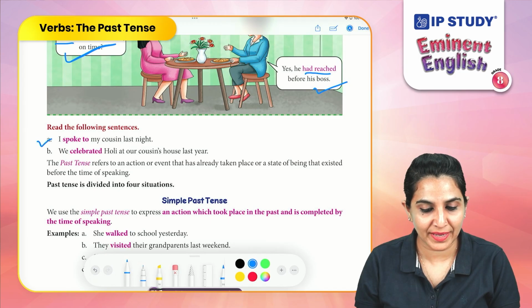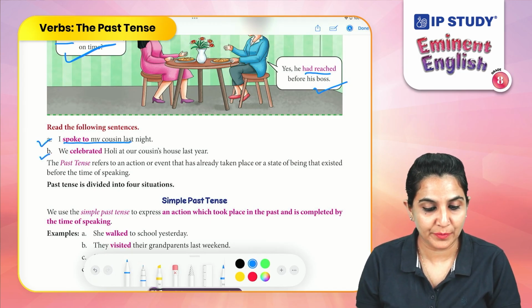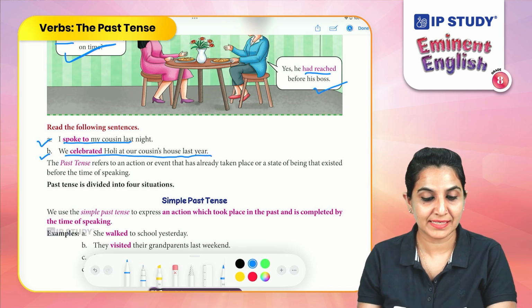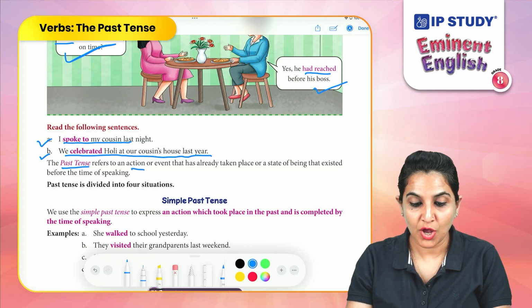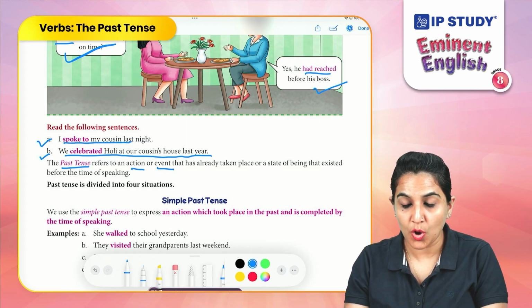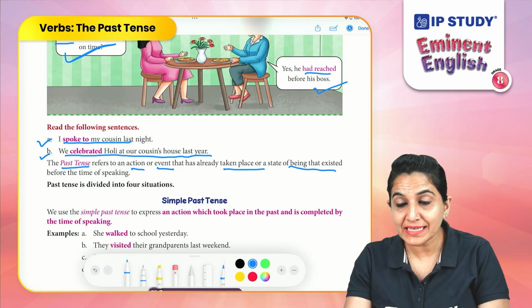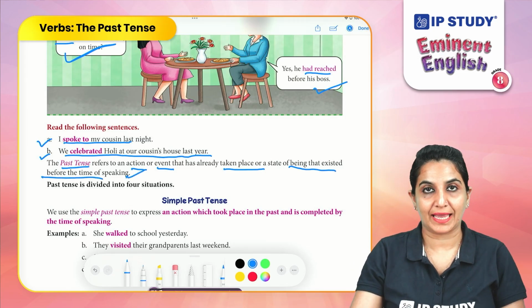I spoke to my cousin last night. We celebrated Holi at our cousin's house last year. The past tense refers to an action or event that has already taken place, or a state of being that existed before the time of speaking.